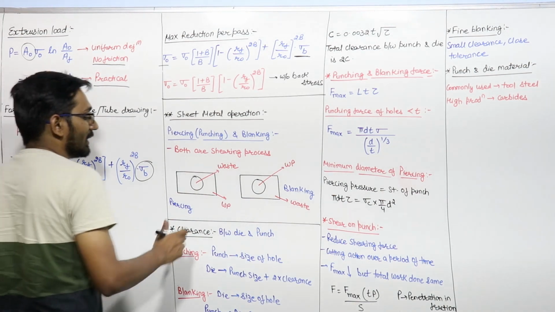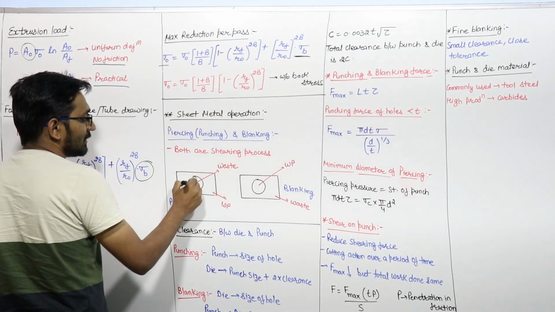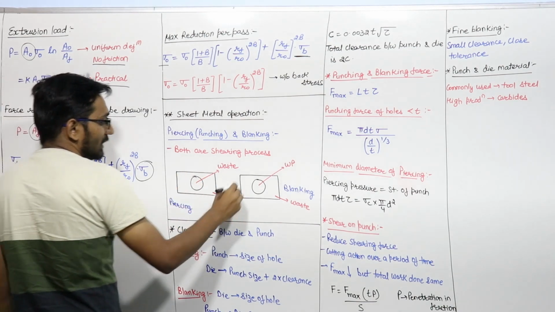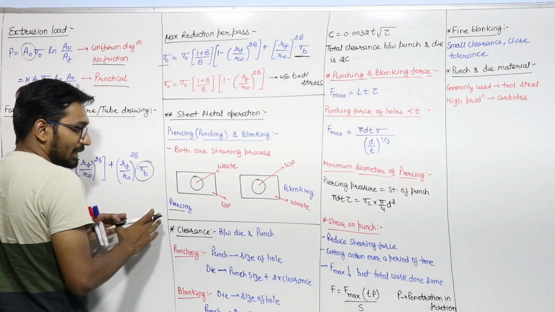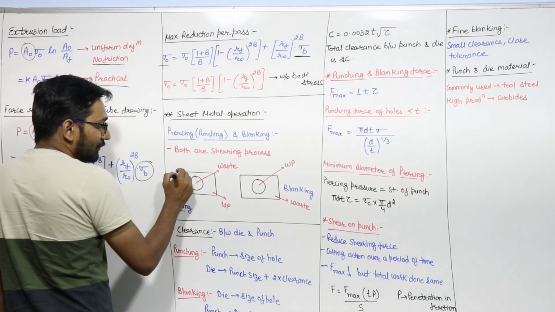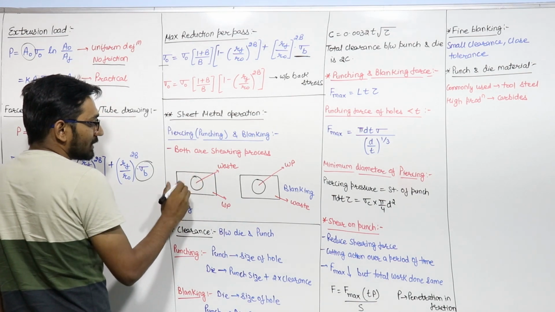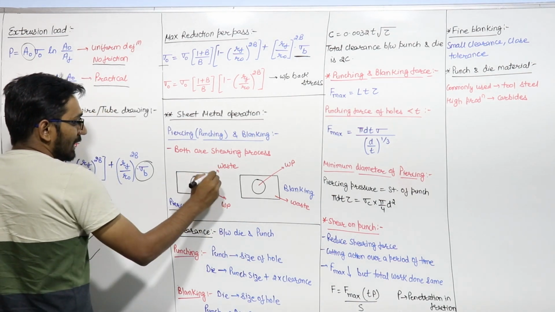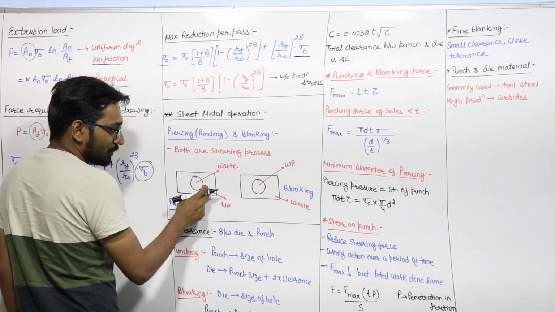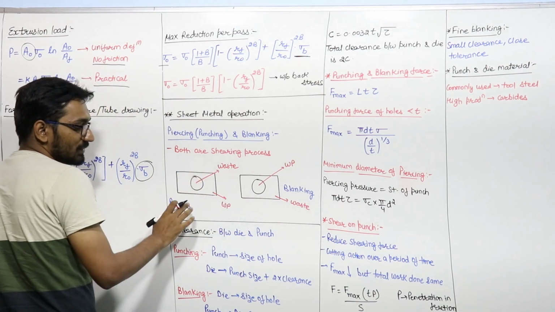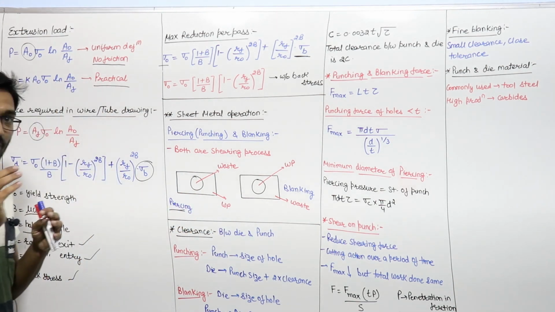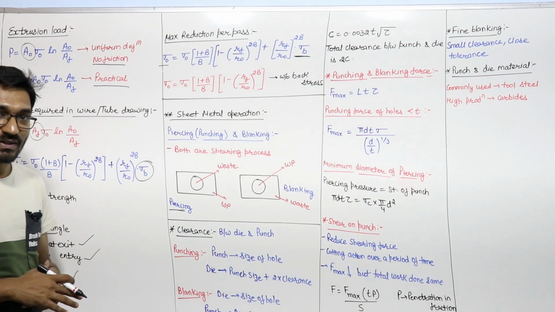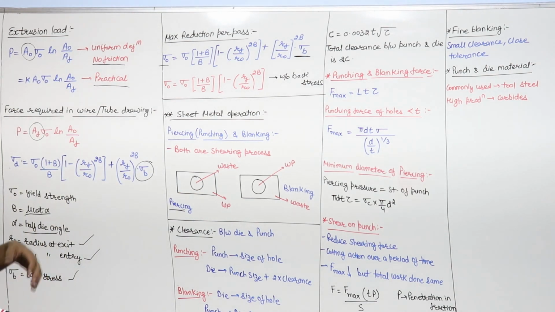Let us say this is a workpiece and this is a hole which we get after piercing. In piercing or punching, the material left over after the punching operation is the useful workpiece, and the material removed by punching is waste.